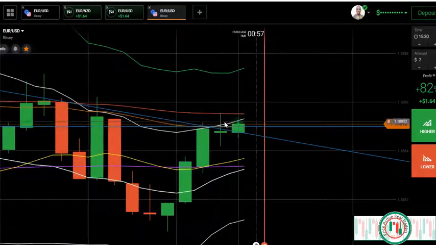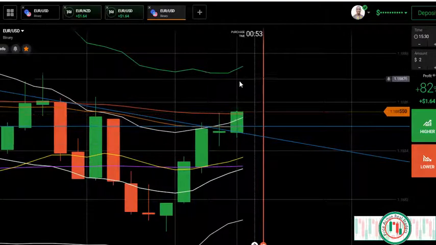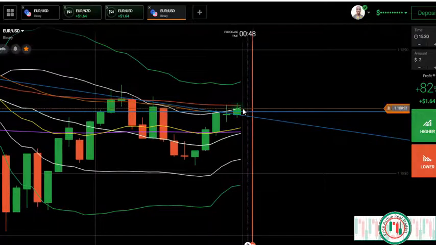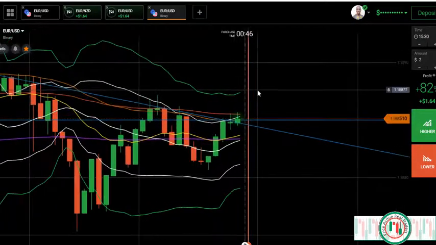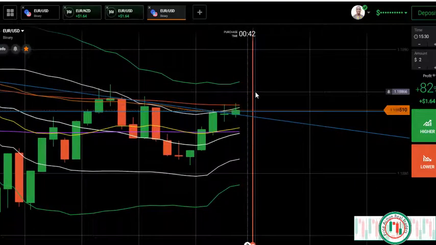But if there's no strong bias at this level, sellers will enter again. So you see strong bias. If there's no strong bias, sellers will enter again. I will go with sellers.